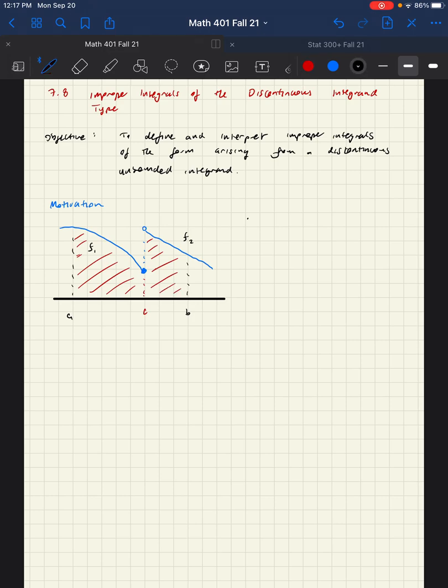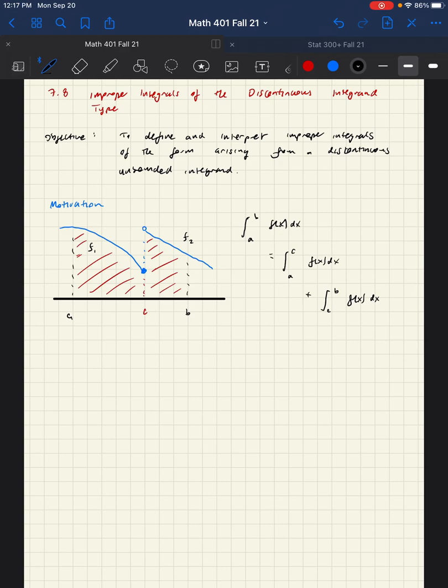So in this case, it would be as easy as separating the integral into an integral from a to c, the left side of that discontinuity, plus the integral from c to b on the right side of that discontinuity.